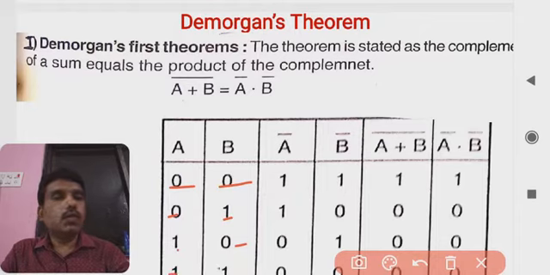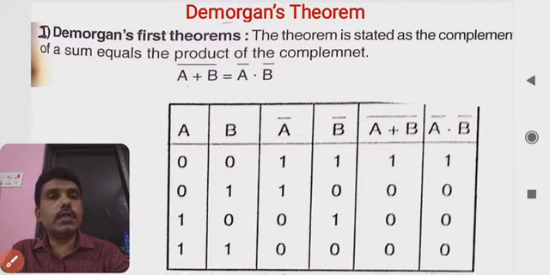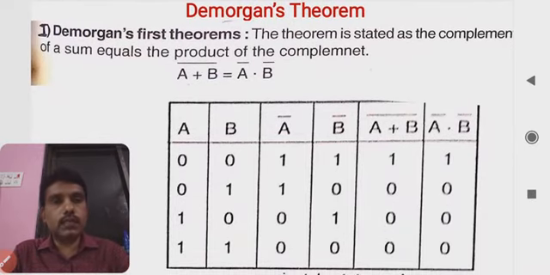These are the four possible inputs for the two variables. We will check whether the left hand side result matches the right hand side relationship with this truth table.